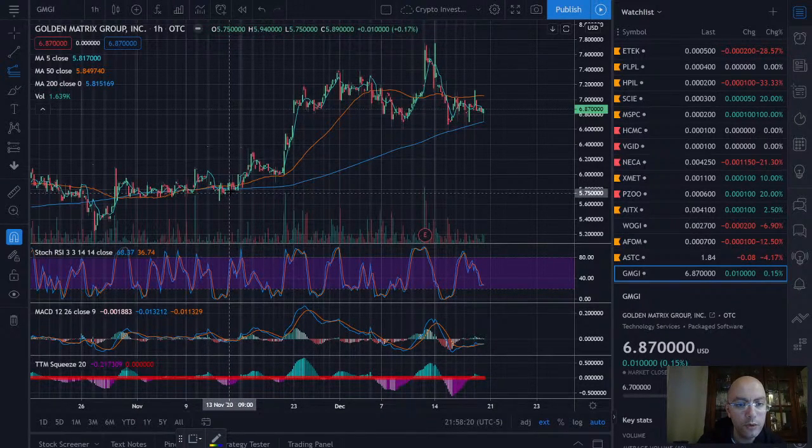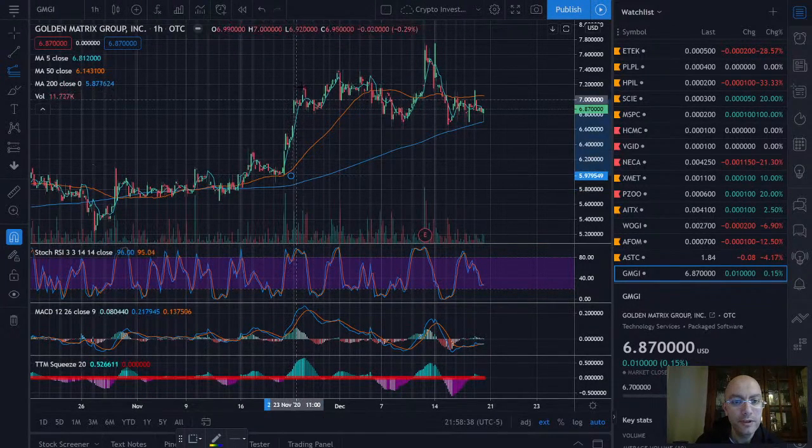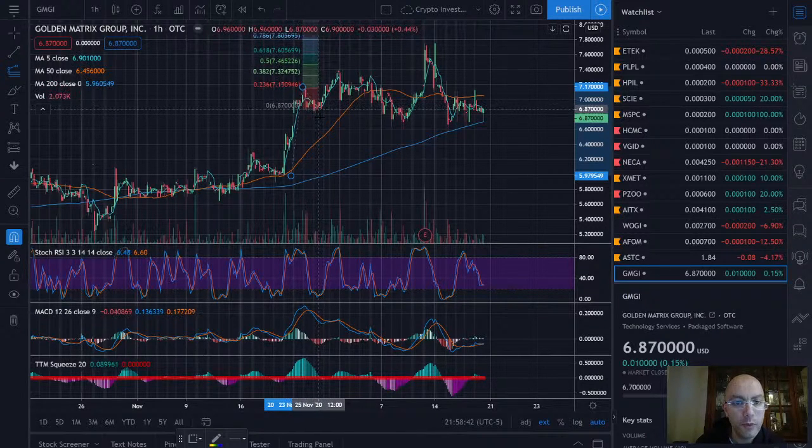Okay, this is annoying. Okay, there we go. I'm going to take another one. I can't do it on this one. Okay, swing low, swing high, and it retraces.